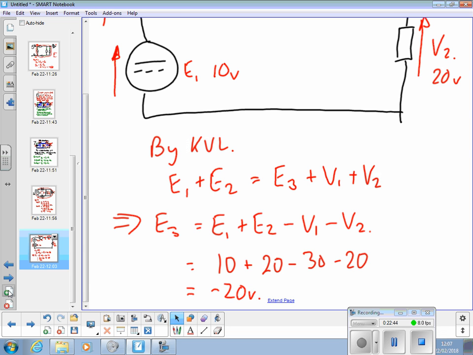What that means is that current is flowing into the source. Can you give me a basic example of where you could see current flowing into a source? Charging a battery. Yep. So you've got a battery that's low, and you're sending current into it to charge it back up again. Opposite to the normal polarity.